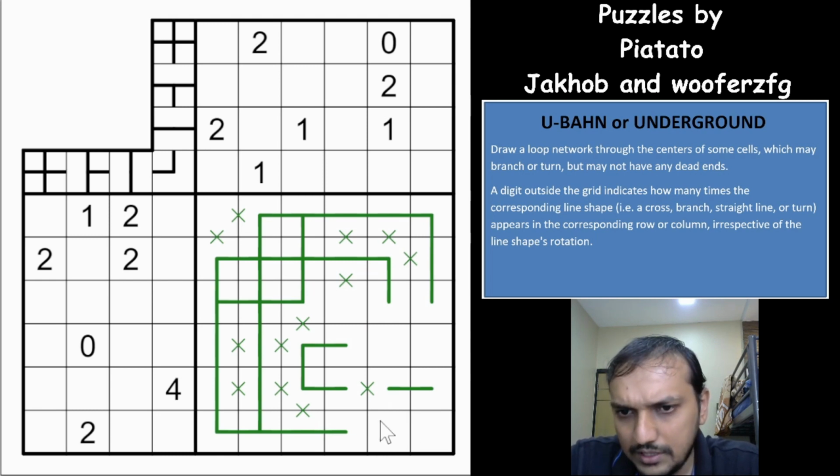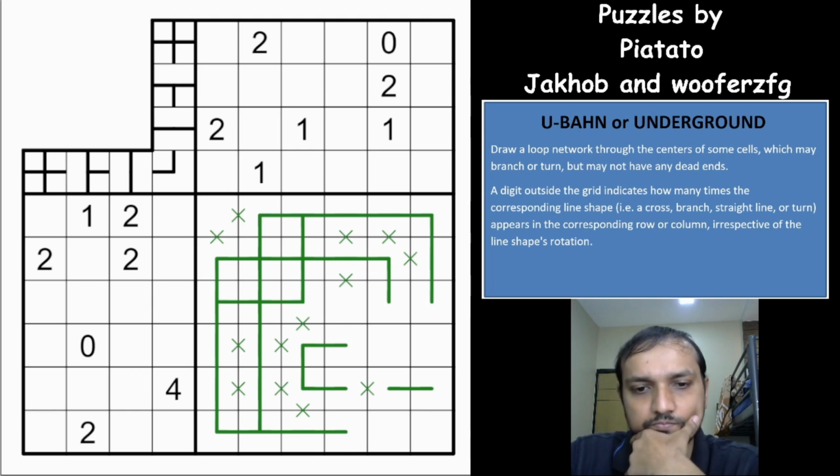If this is not a branching, this is not a branching, both of these would have to be branching. Already have one straight line here.